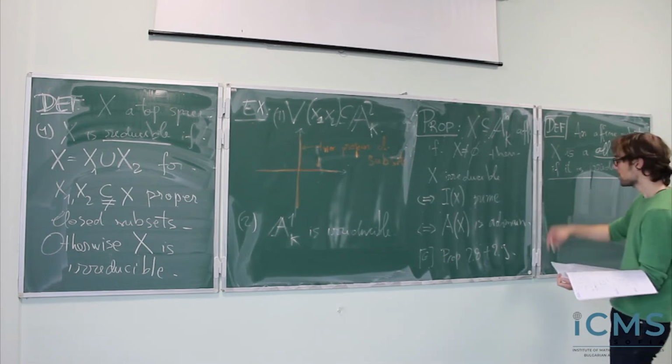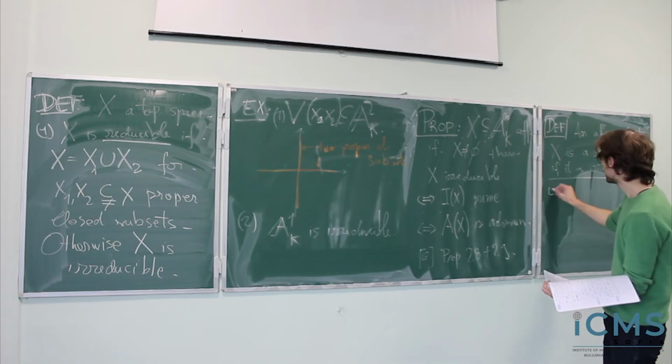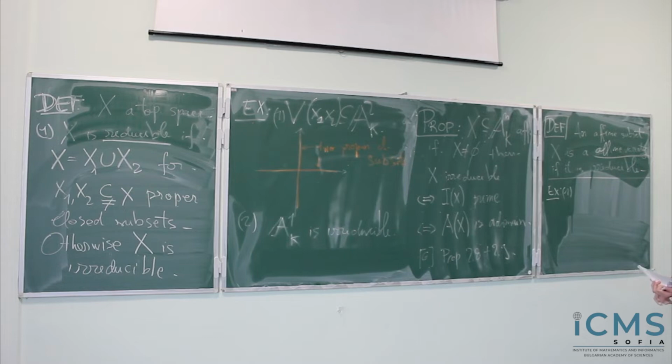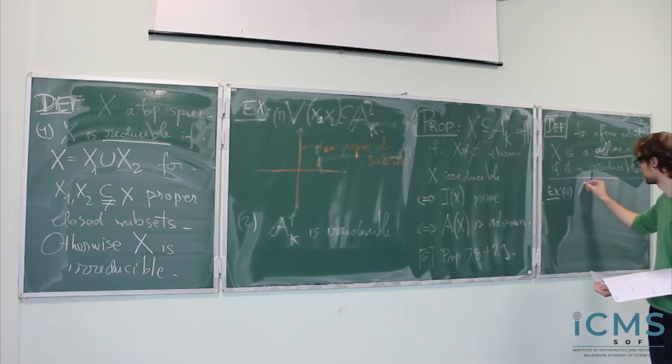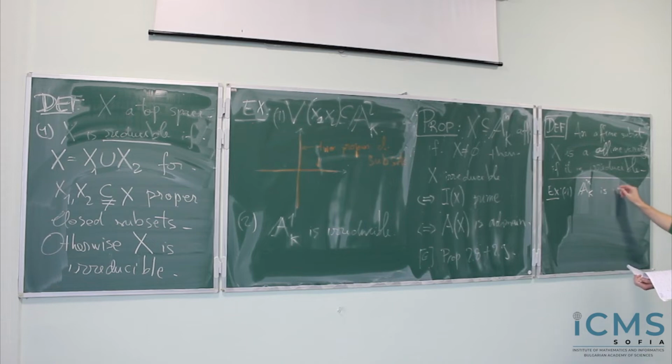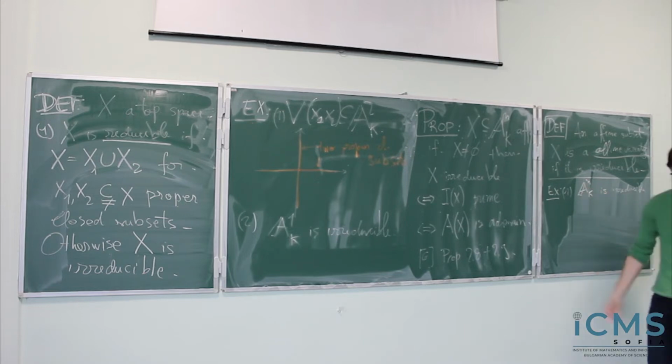Okay, so some applications of that. We give some examples. A1 of K is irreducible because its coordinate ring, the polynomials, is a domain.